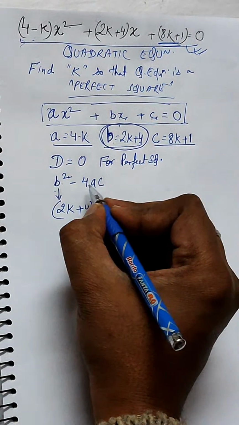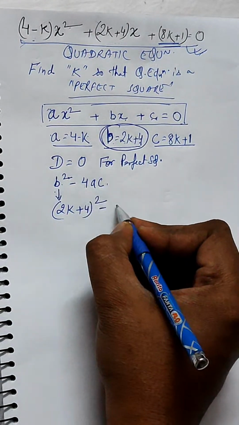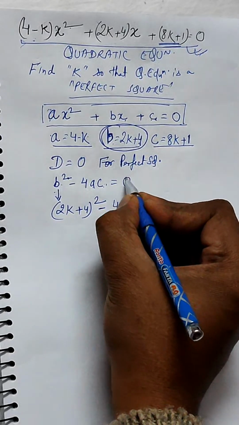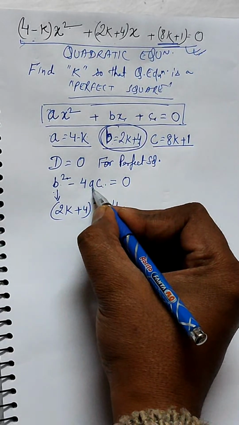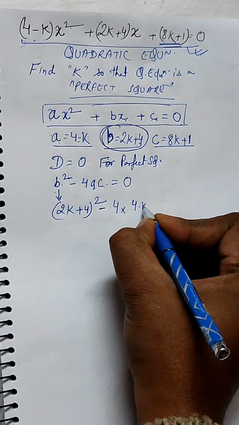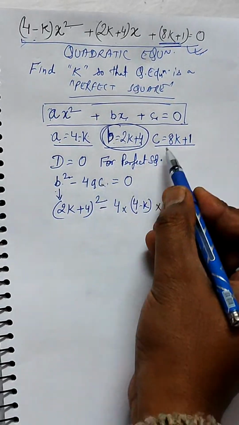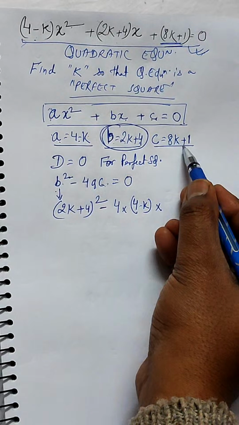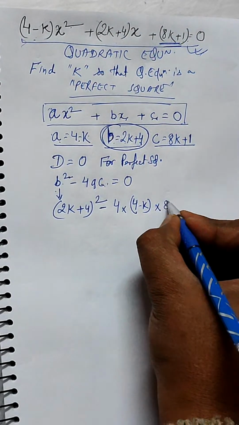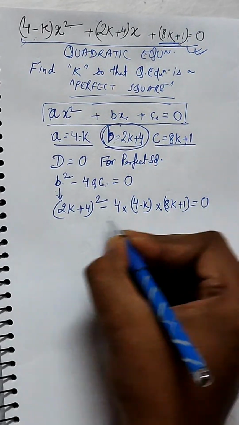And write 4 as it is, and the RHS will be 0. In place of a, write 4 minus k, and this will be multiplied with c, the constant term, 8k plus 1.